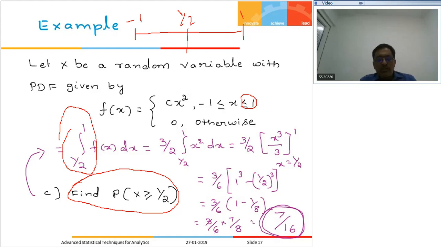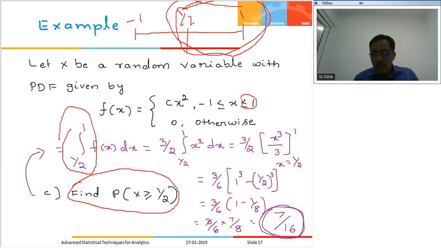Why we are doing this is, here we want to find the probabilities which are greater than 1 by 2. That means we need to find the probability of x taking a value in this interval. So we are going to find the probability in the interval half to 1, not in the entire interval.